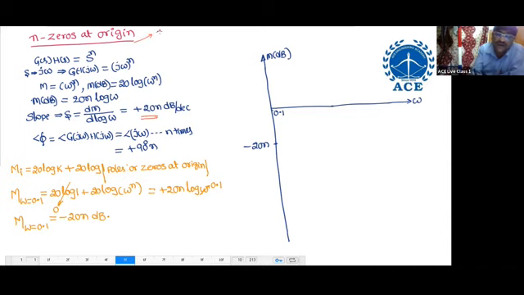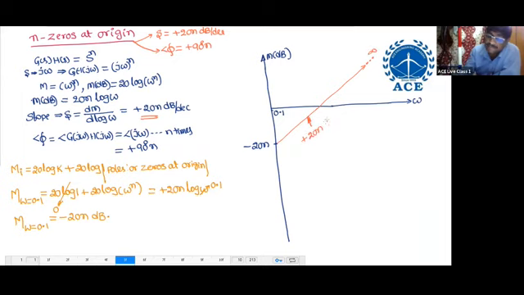N zeros at origin gives the slope of plus 20n dB per decade. Start at minus 20n and move to the positive side up to infinity with the slope of plus 20n dB per decade.